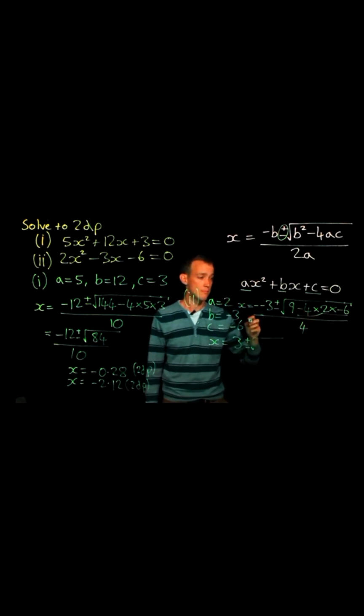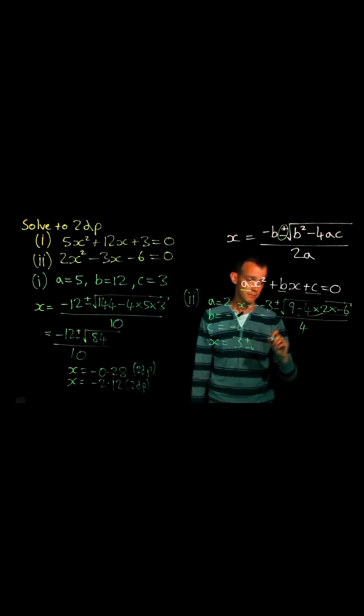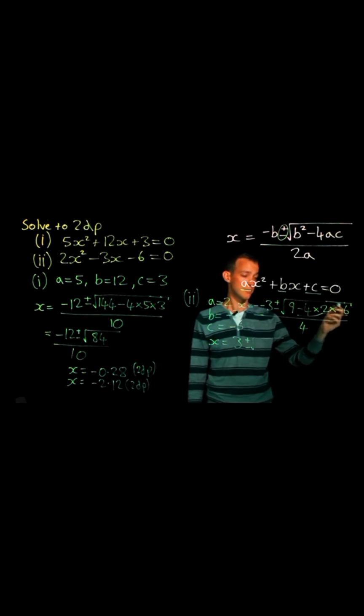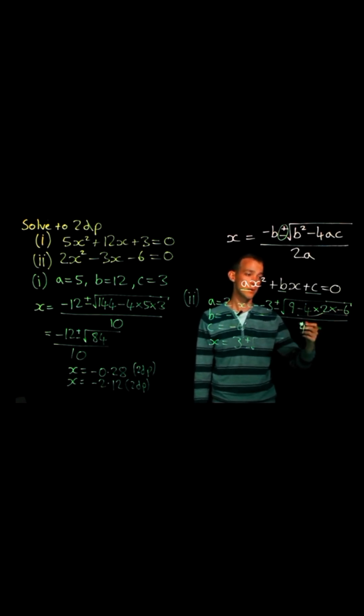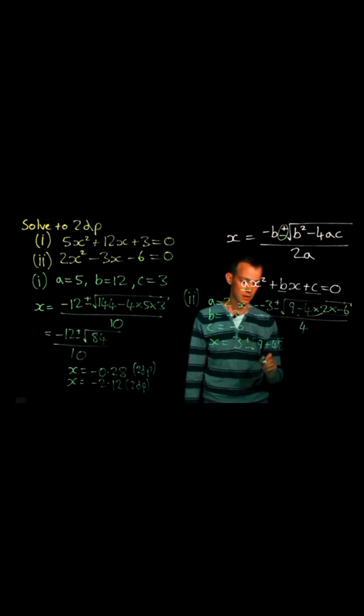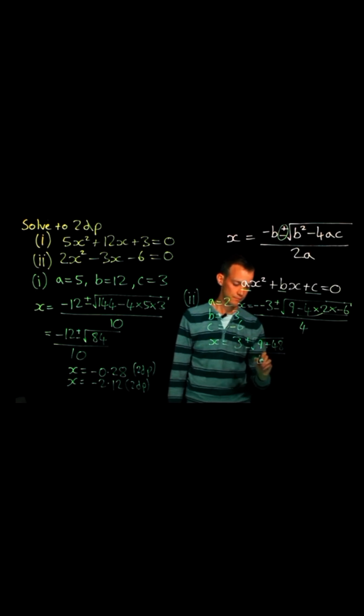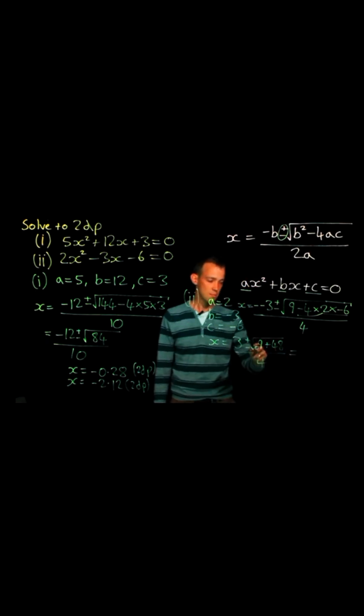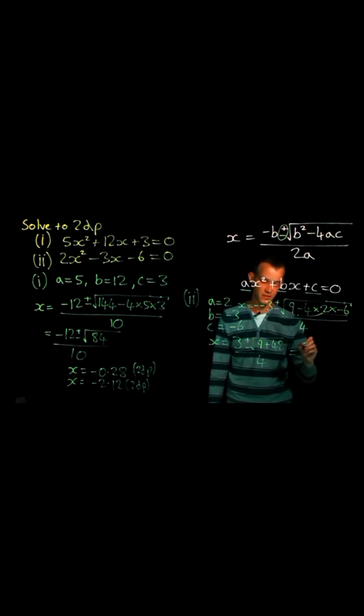A minus times a minus makes a positive. So minus 12 times minus 4 makes a positive number. 12 times 4 is 48. So I've got 9 plus 48 there, over 4. 9 plus 48 is 57, so it's 3 plus or minus the square root of 57 over 4.